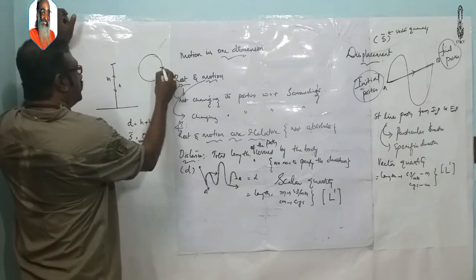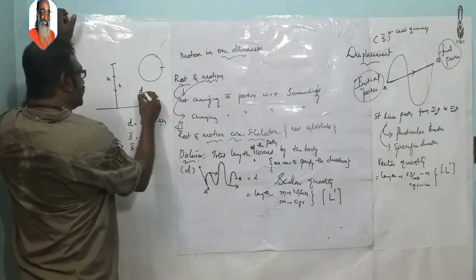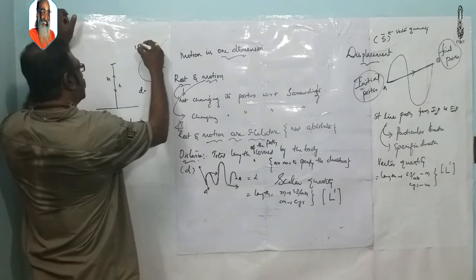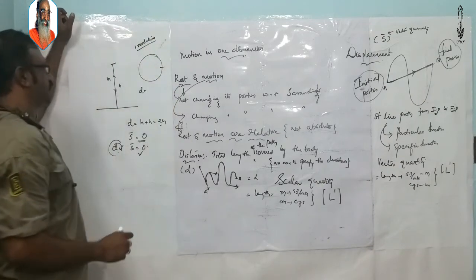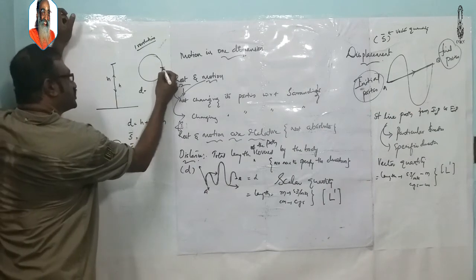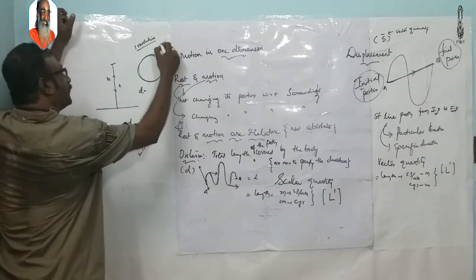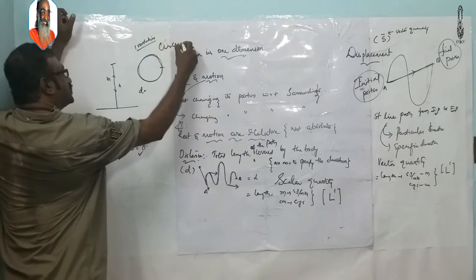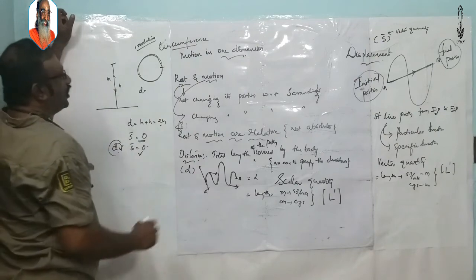We can go with one more example here, with the body moving in a circular path. What is the distance covered for one revolution? The body starts from here and moves along the circumference of the circle. How to find the circumference?